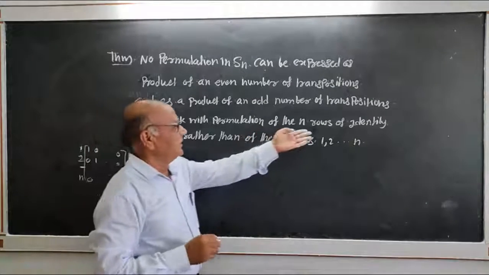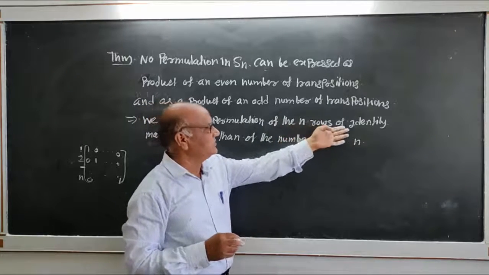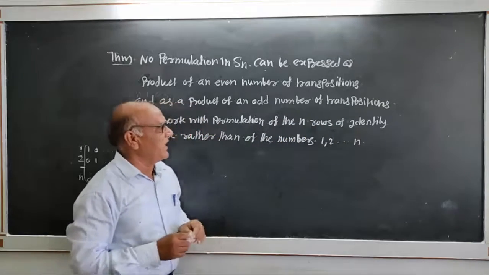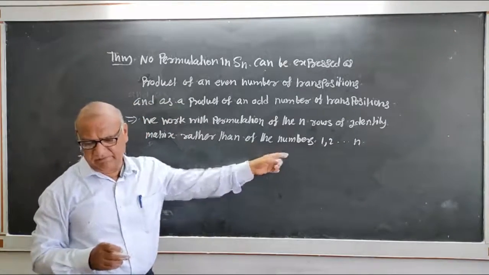That means we work on the permutation of the n rows of the identity matrix rather than the numbers.